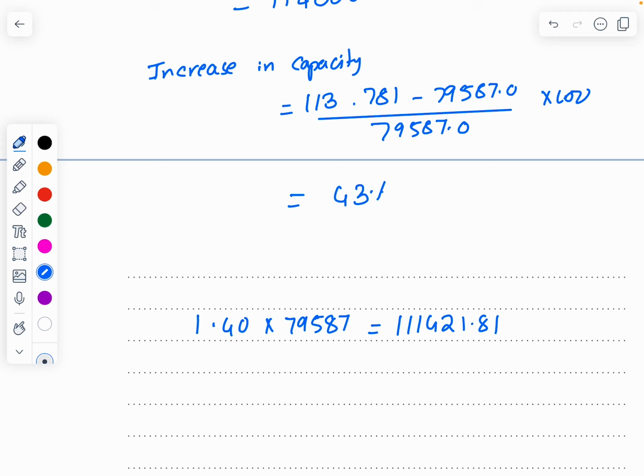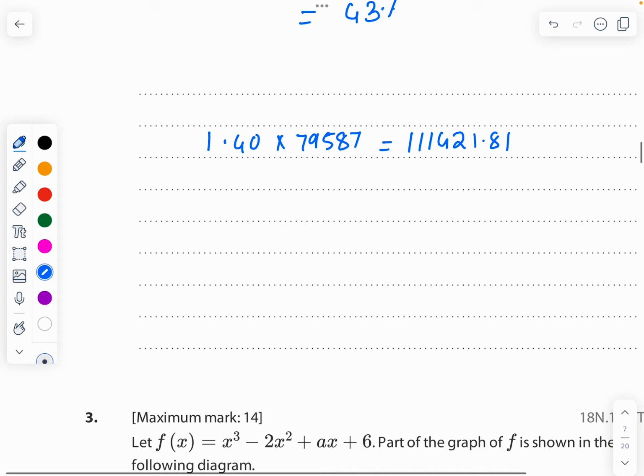Then we'll go to the next question. We have justified that answer. So we can write that the claim is correct.